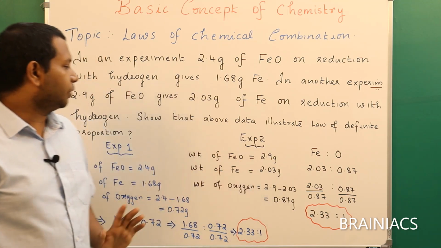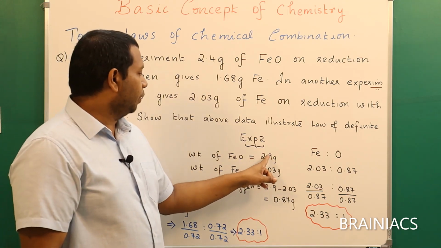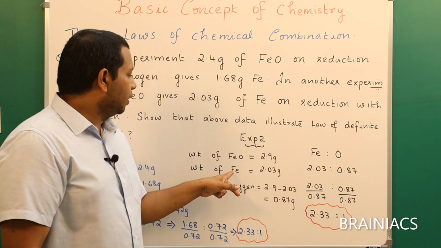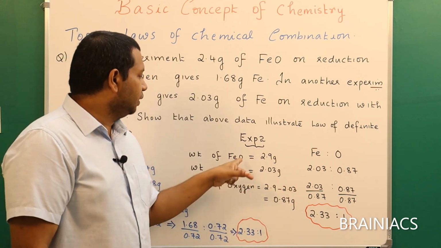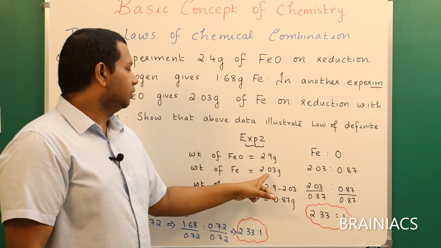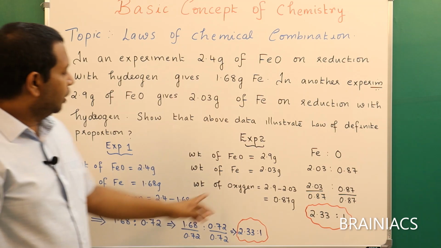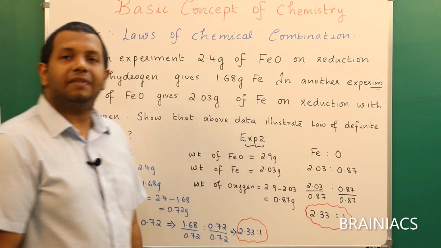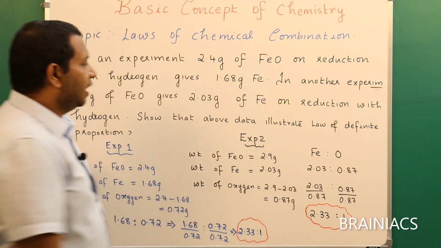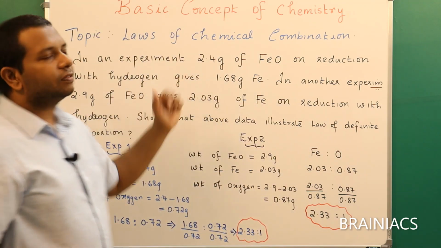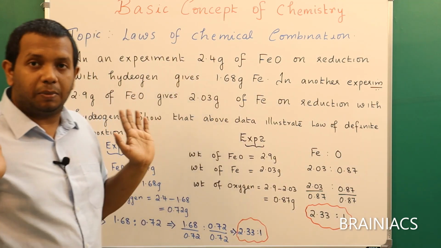Again apply the law of conservation of mass. I know that 2.9 gram minus 2.03 will give the weight of oxygen, because the weight of iron with the weight of oxygen gives the weight of FeO. If you add these two, it will be 2.9 gram. So I obtained the weight of oxygen as 0.87 gram. Now again I am finding the Fe is to O ratio. Since it obeys the law of constant composition, the ratio should remain the same.